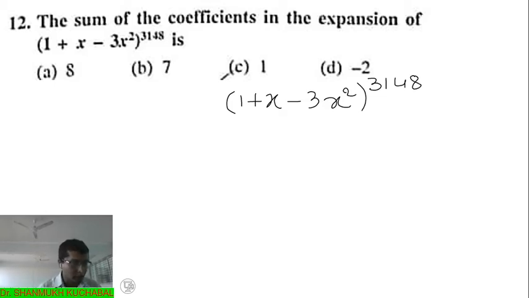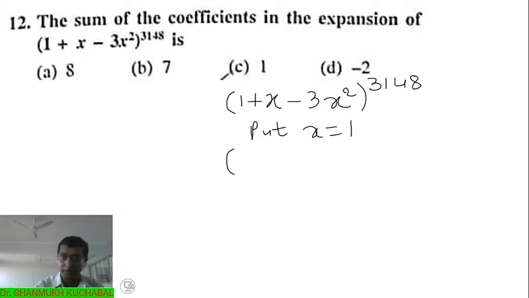See, the sum of the coefficients we have to obtain. So very simple, we put x equal to 1 here.